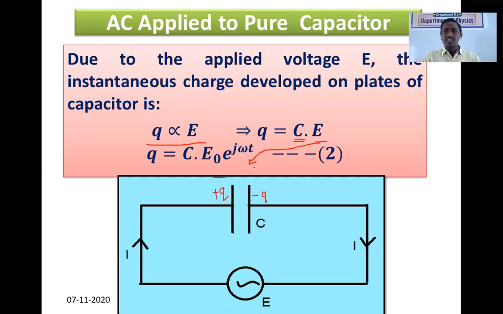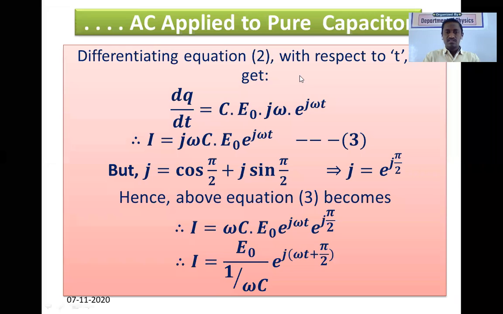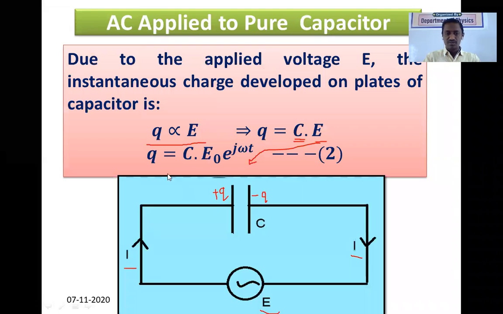In this article also, our aim is to determine the instantaneous current I that flows in the circuit due to the application of external potential or EMF E. So now let us differentiate this equation 2. Here equation 2 is Q equals C E0 small e to the power j omega t.